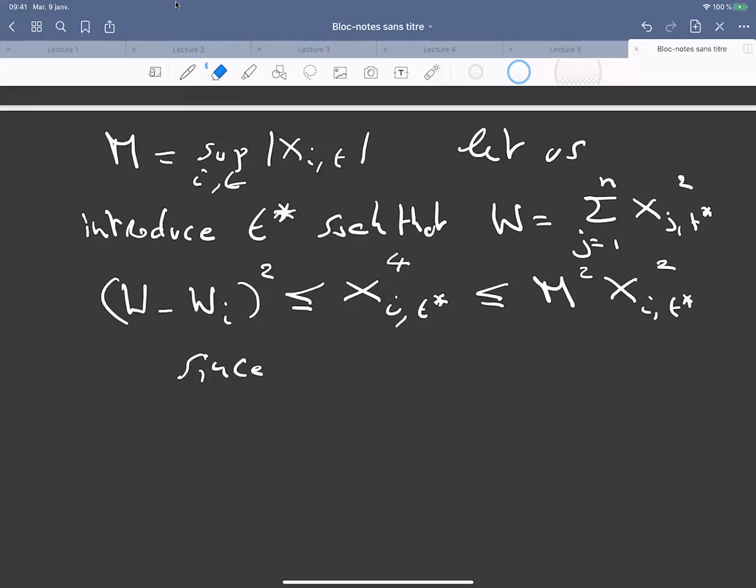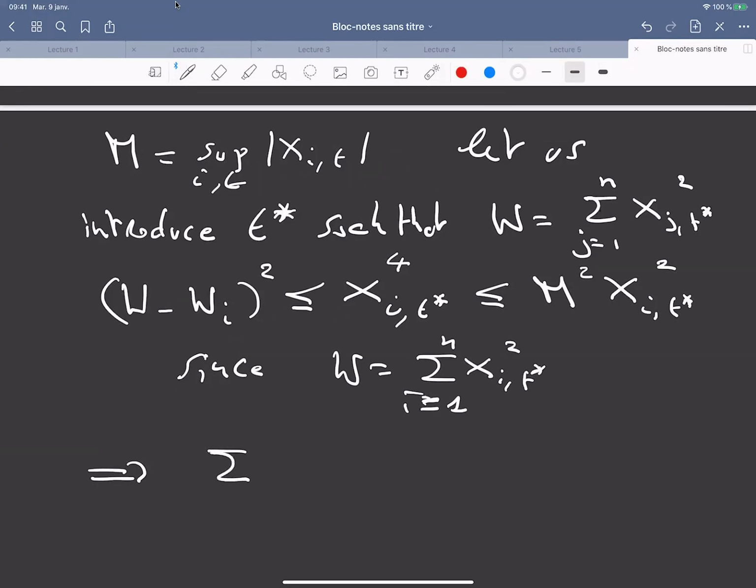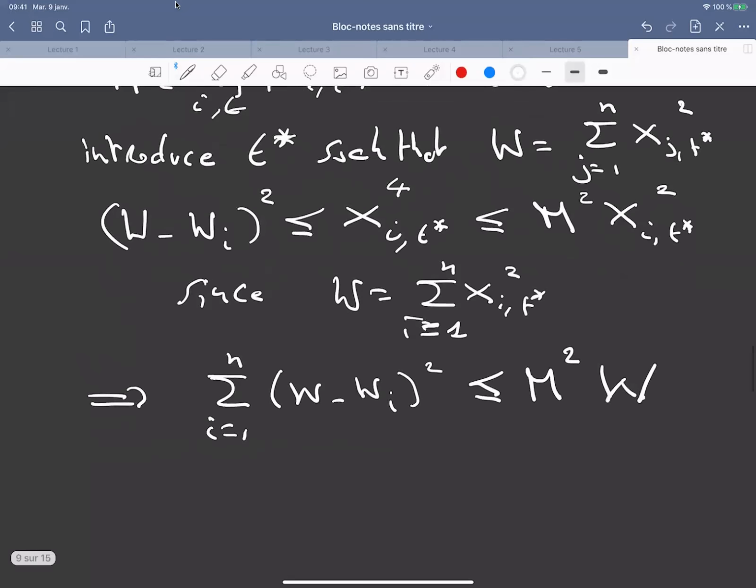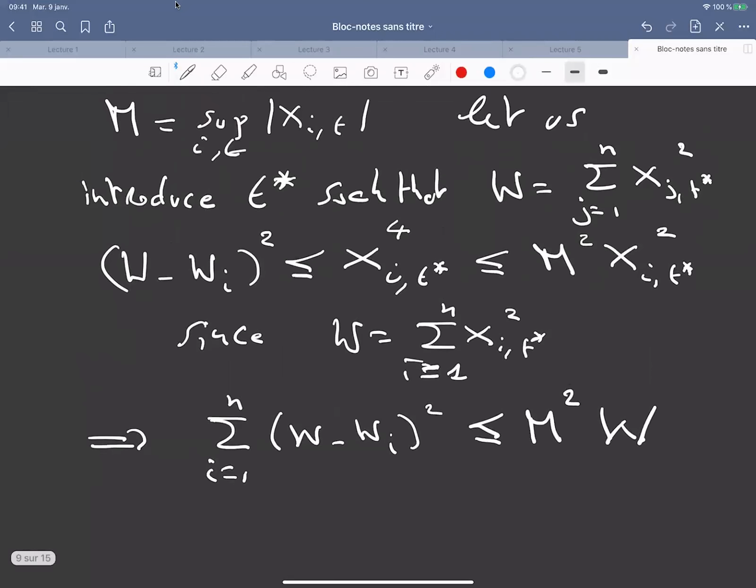So since W is indeed the sum of the x_it squared, you end up with the fact that the sum of W minus W_i squared is less than M square times W. So it seems at first glance that it is a never-ending story because you make this W appear again.